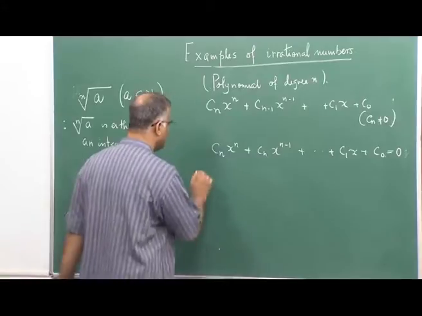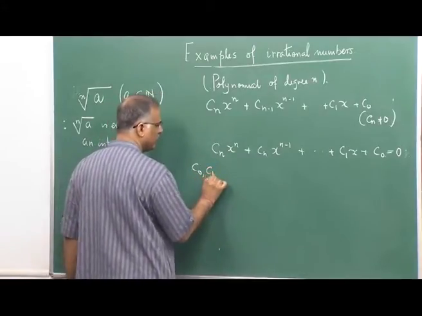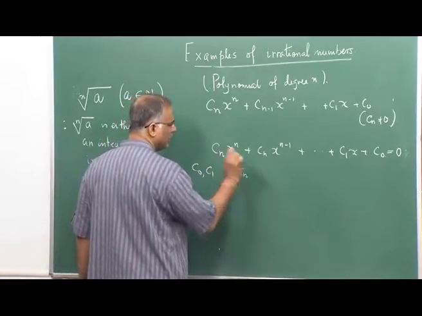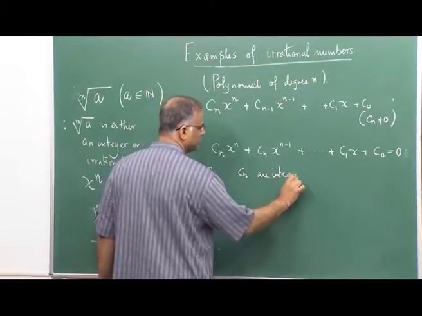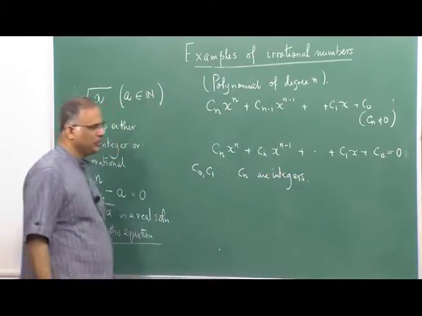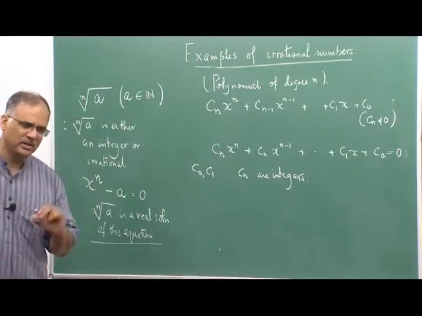So, these C0, C1, Cn are integers. I am not giving you the proof, I am just stating a result.